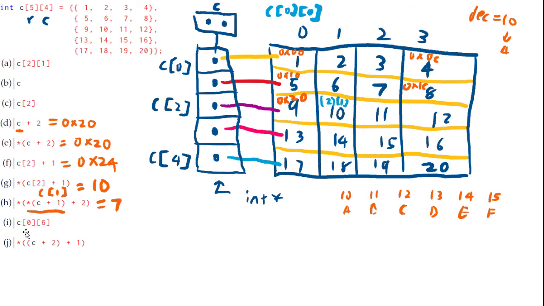So let's go to C0 6. This one is easy and straightforward. We go to C0, dereference one time, we are in here. And then 6. What is 6? We advance one time, two times, three times, four times, five times, six times. When we advance 6 times, what is the value we get?